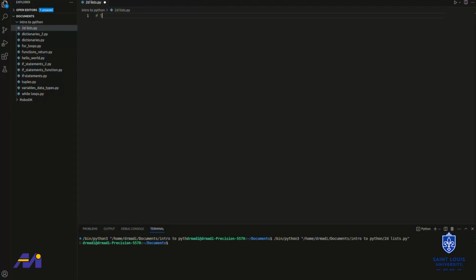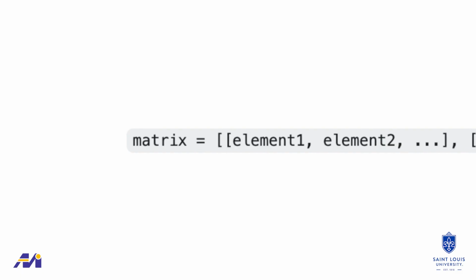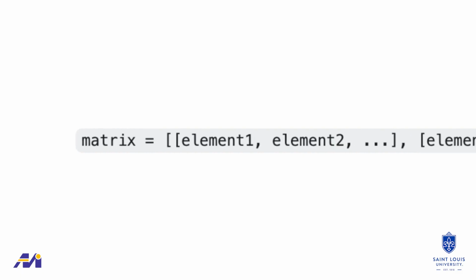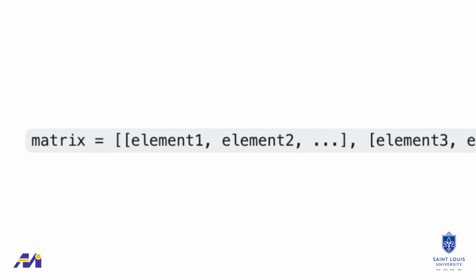In Python, a 2D list, also known as a nested list or a list inside another list, is a list that contains other lists as its elements. It allows you to create a grid-like structure where each element represents a value in a row and column format. To create a 2D list in Python, you can use the syntax.